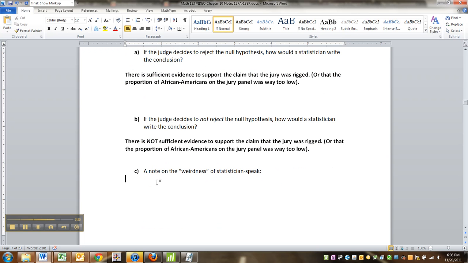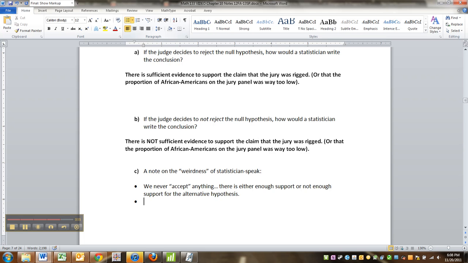So, first of all, a couple things. One, we never accept anything, right? There is either enough support or not enough support for the alternative hypothesis.